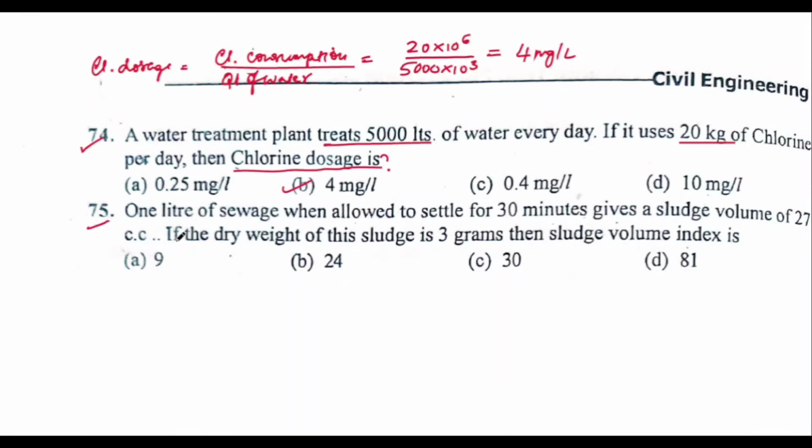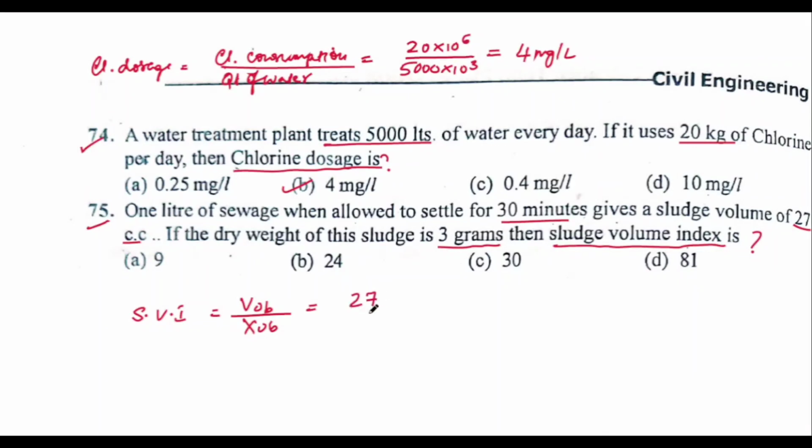Question number 75. 1 liter of sewage when allowed to settle for 30 minutes gives a sludge volume of 27 cc. If the dry weight of the sludge is 3 grams, then the sludge volume index is. Sludge volume index is the ratio of percentage of sludge by volume, that is VOB, divided by percentage of suspended solids by weight, that is XOB.